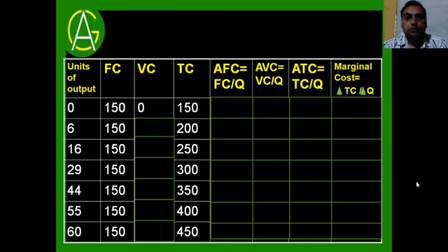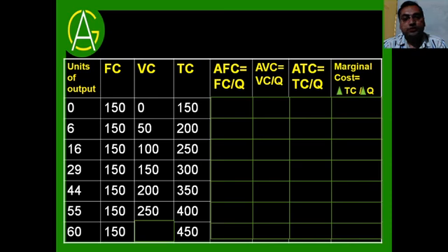For 6 unit of output 200 minus 150, that will be 50. At 16 units it is 100, 300 minus 150 it will be 150, 350 minus 150 that is 200, and then it is 250 and 300. So we have found out the variable cost also.